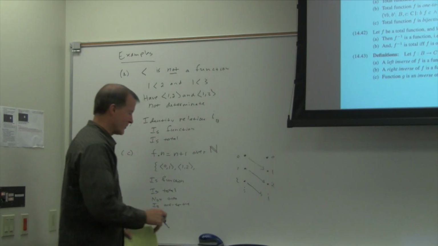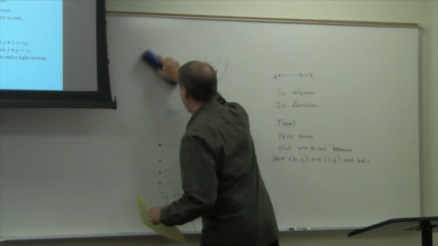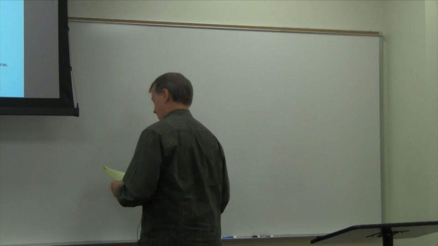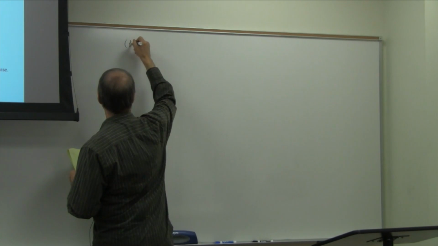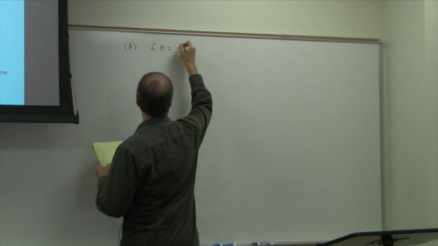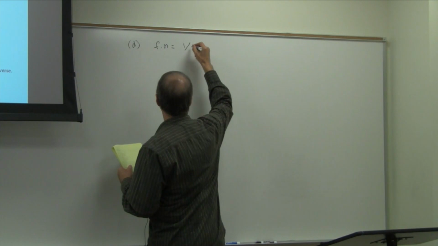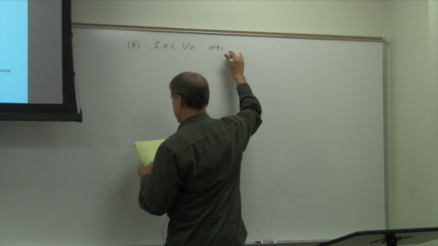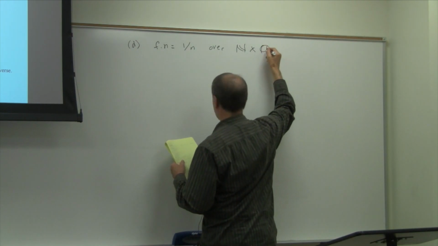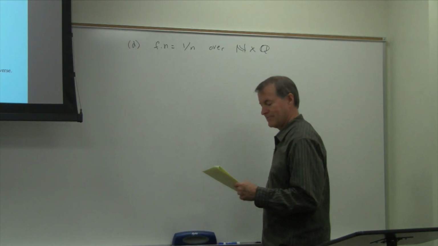Okay, here's a trickier one. We haven't done this one very frequently, so let's see how rusty you are. How about f.n equals 1 over n, over N cross, do you remember this? Q? Those are the rational numbers.